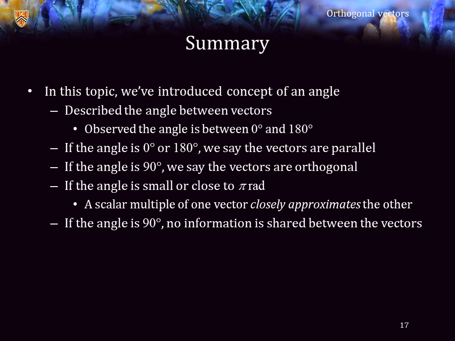If the angle is small or close to pi radians, then a scalar multiple of one vector can closely approximate the other. If, however, the angle is 90 degrees or pi over 2 radians, no information is shared between the vectors. Now, in the next topic, we will look at how we can find this angle between the two vectors.